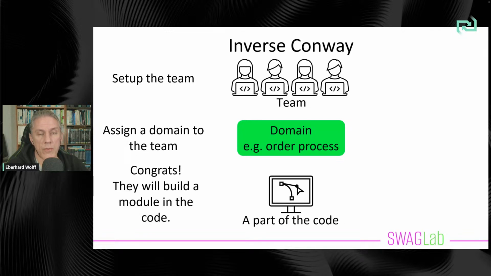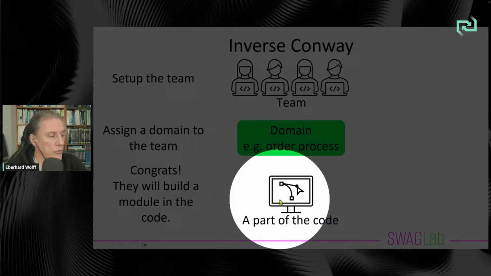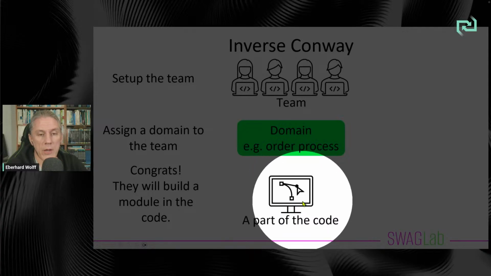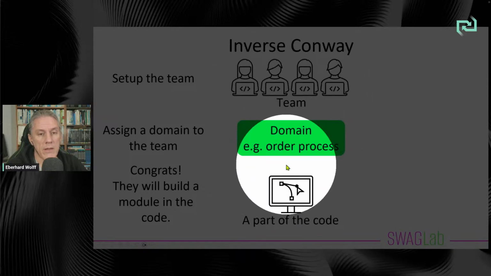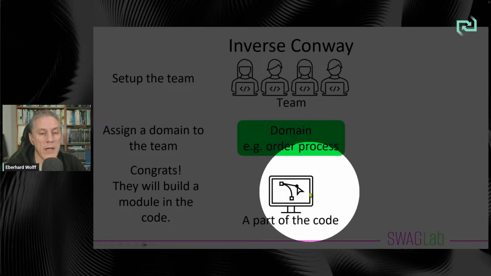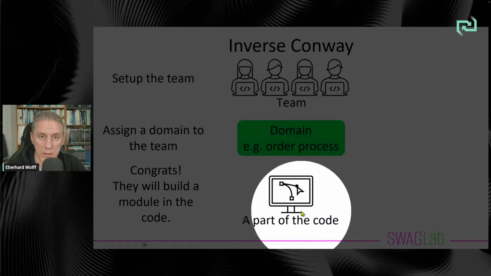So we have a decision about modules in a way. So what this basically means is, instead of doing traditional architecture and saying, okay, we will have one part of the code that does the order processing, instead we say we have a team that is assigned order processing, and then naturally, because of Conway's law, this will also result in a module.